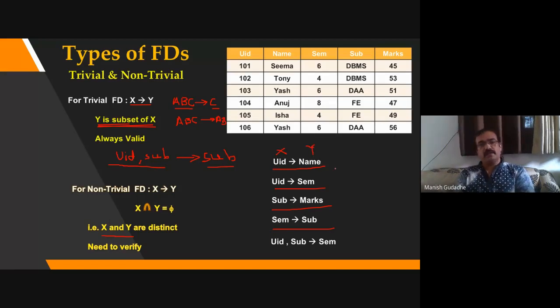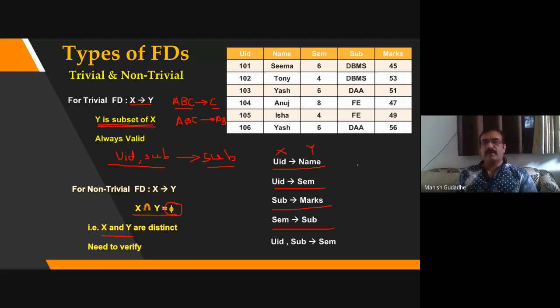That means Y is not a subset of X. Or in other words, X and Y do not have anything in common. We can say that X intersection Y should be null, should be phi. So when X and Y don't have anything in common, that FD becomes non-trivial, and we always need to verify whether it works or not.